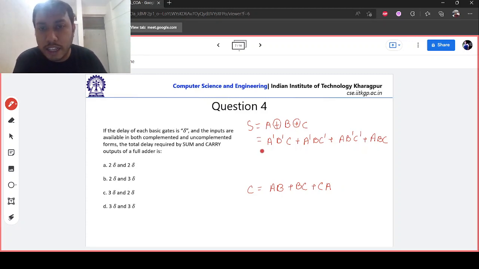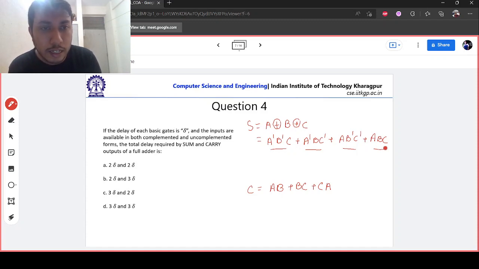It is given that both A and A bar, also B and B bar, are already present in the circuit. All inputs are available in both complemented and uncomplemented form. So you see this one, this one, this one, and this one, which are basically AND operations, can be done in parallel. These are 4 independent operations.